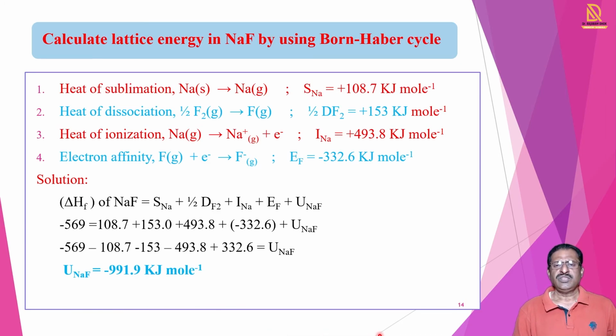So in the formation of sodium fluoride crystal, energy is also liberated, and that liberated energy is minus 991.9 kilojoules. And when we compare that energy with NaCl, the energy liberated for the formation of NaF is more. And so the NaF crystal is more stable than the NaCl crystal.